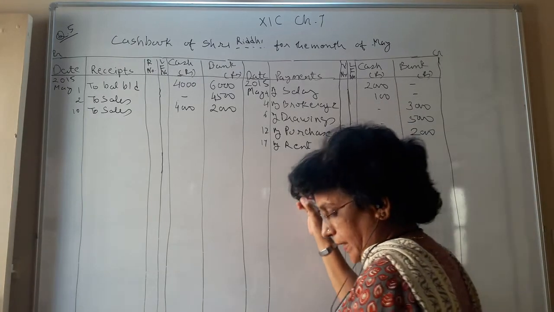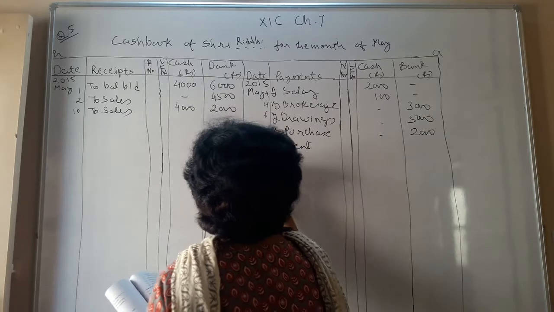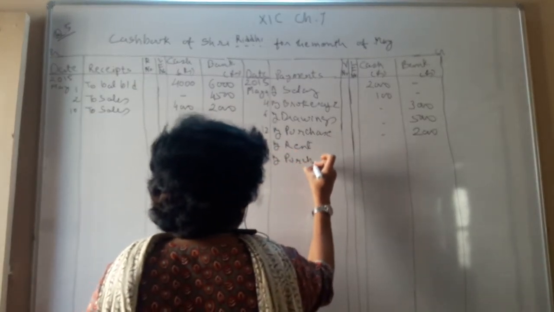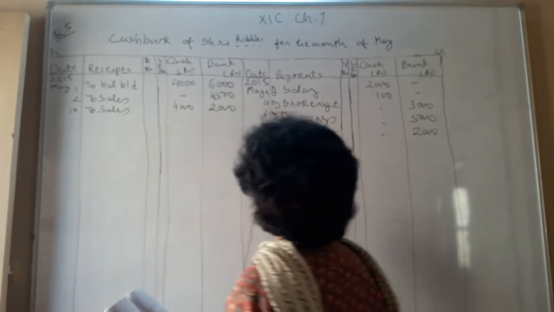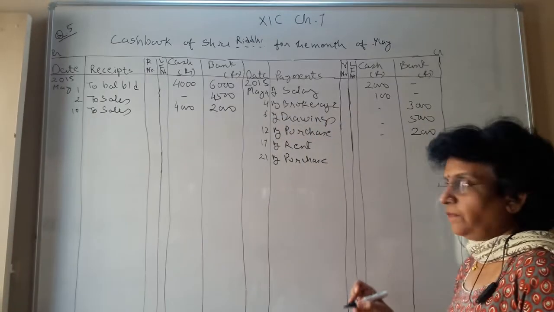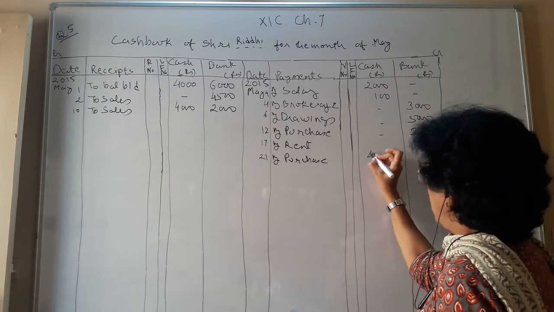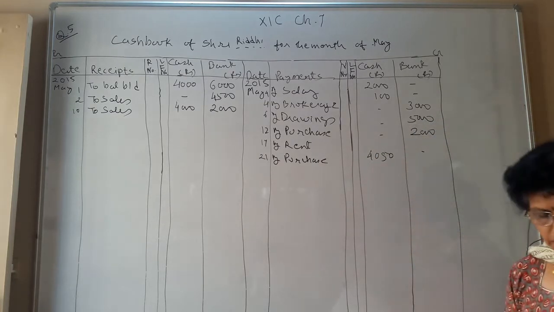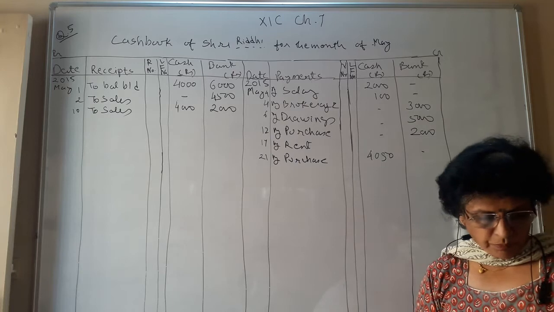So we have paid it in cash. So 21st by purchase, 4,500 minus 450. So in the cash column you have to record 4,050 after subtracting your discount.